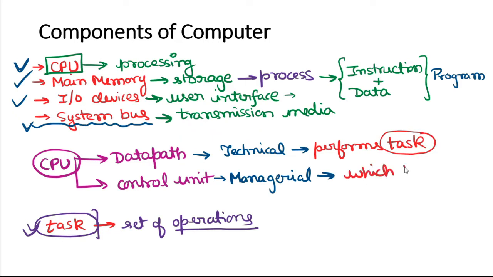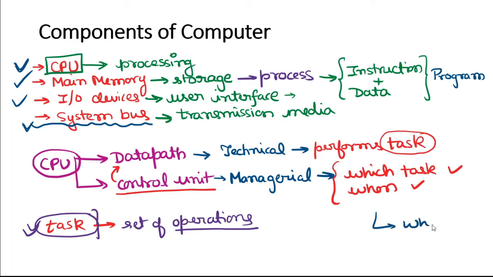Okay, control unit sends signal to data path telling it two things, which task and when. Okay, what to perform and when to perform. Control unit is the one which sends signal stating to data path what to perform and when to perform.